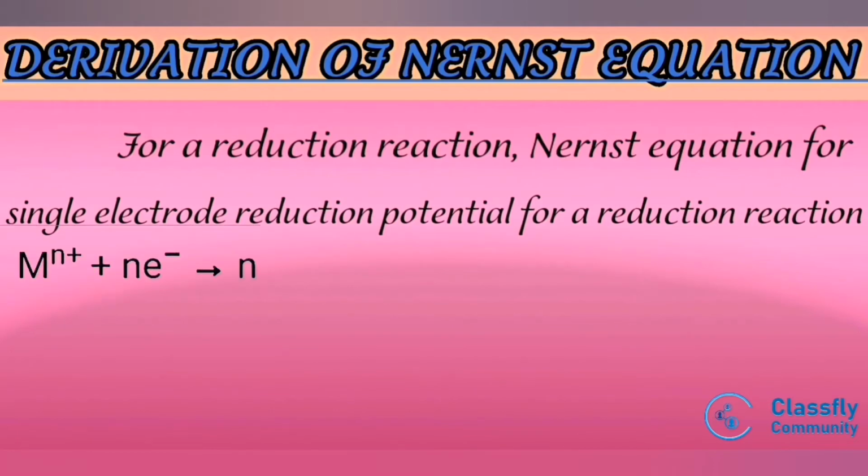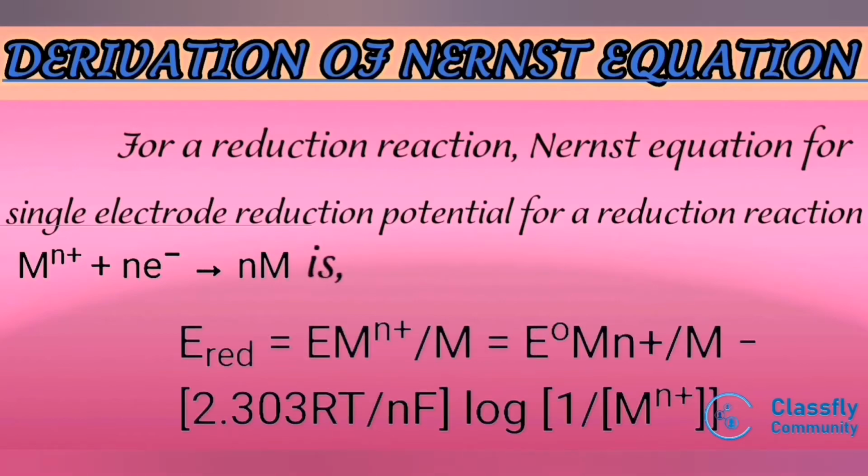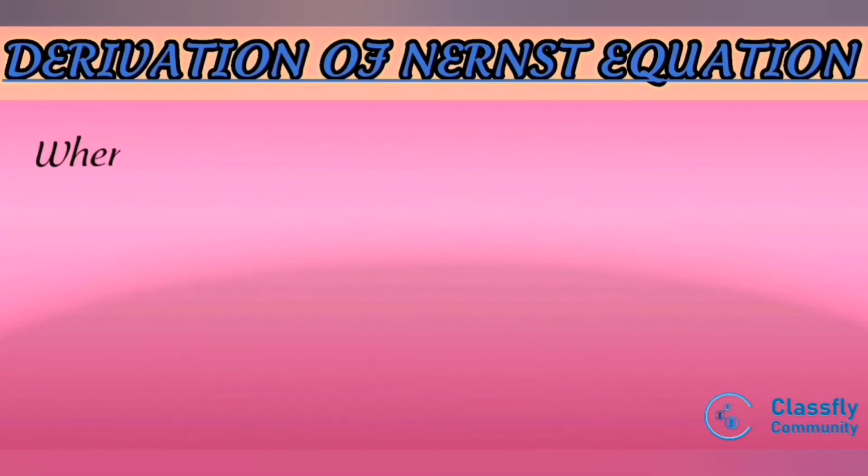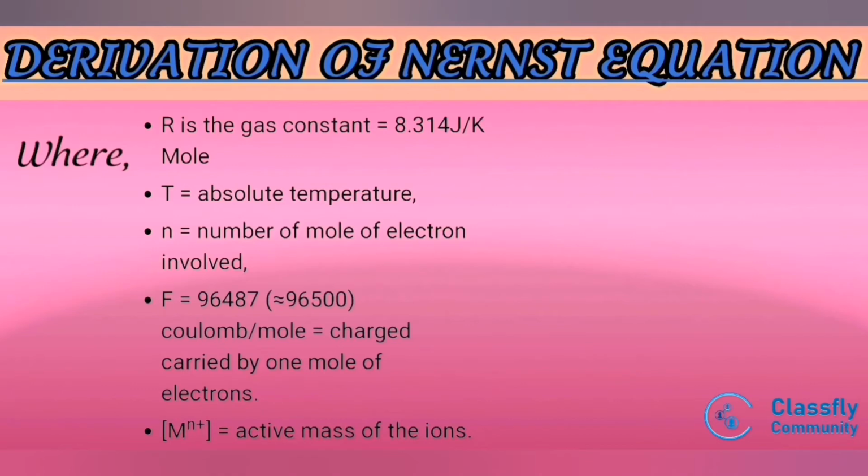For a reduction reaction, the Nernst equation for a single electrode reduction potential, for the reaction Mn+ plus N electrons gives M, is E reduction of Mn+ by M equal to E0 of Mn+ by M minus 2.303 RT divided by NF log 1 by Mn+, where R is the gas constant. The value is 8.314 joule per kilo mole.